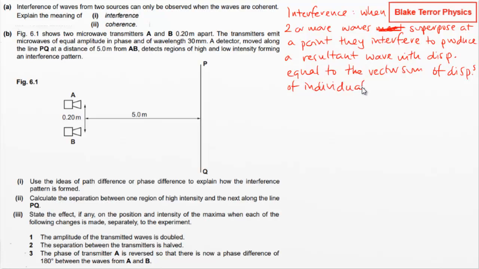So it's quite a lot to say. I mean, you might be able to write it out with less, but they can be so picky when it comes to giving out the marks on these sort of things. Coherence is less of an issue, as we've already seen in the first question on this. We just need to say there's a constant phase difference, and then we'll be all right. So constant phase difference between the waves.